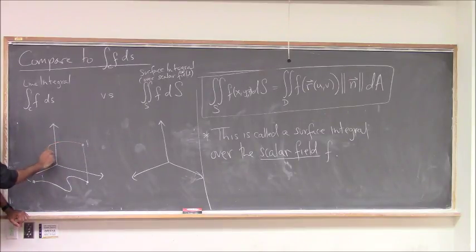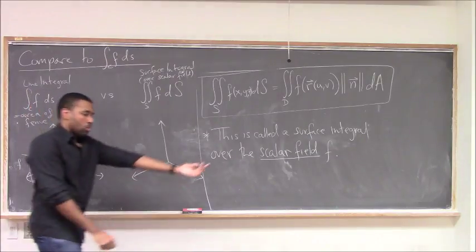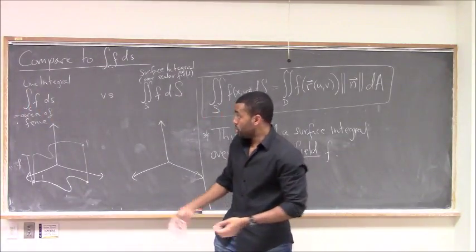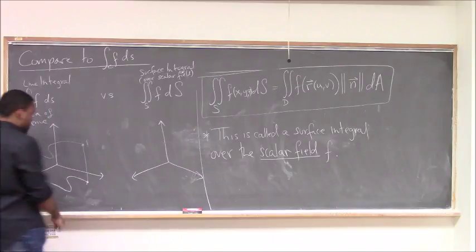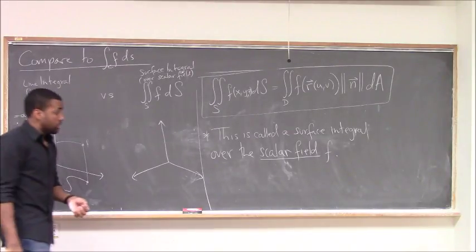And so you're really finding the area of this fence, given at every point by the height of f. And so this guy gives you the area of the fence. That's a geometrical interpretation. We never actually use that interpretation. We use this to compute other things, but that's geometrically what we're computing.